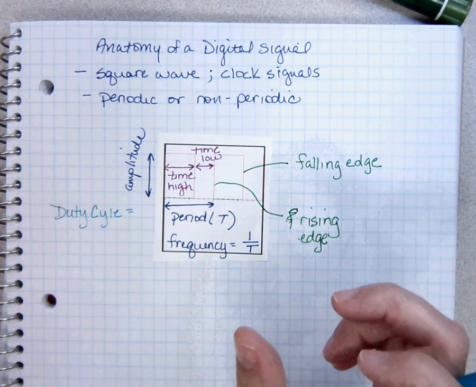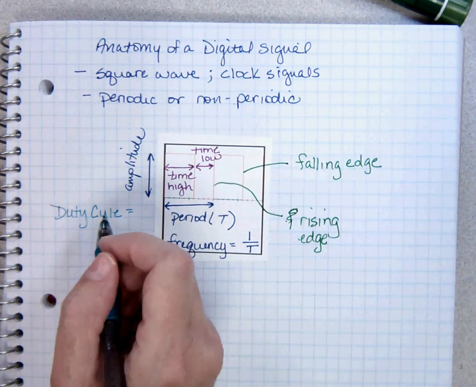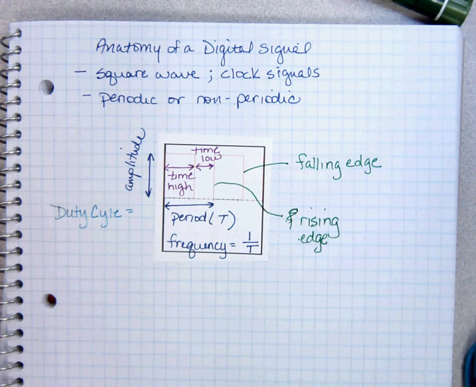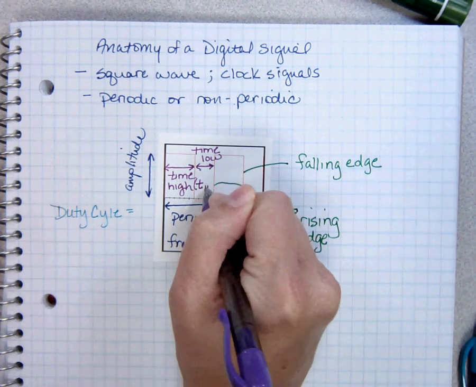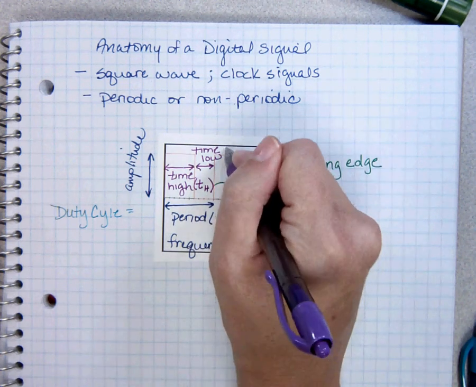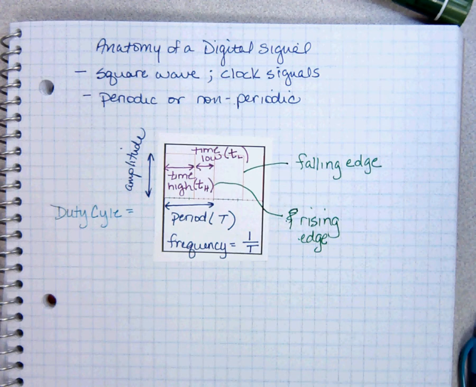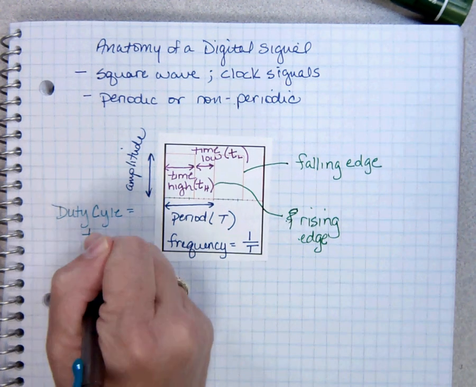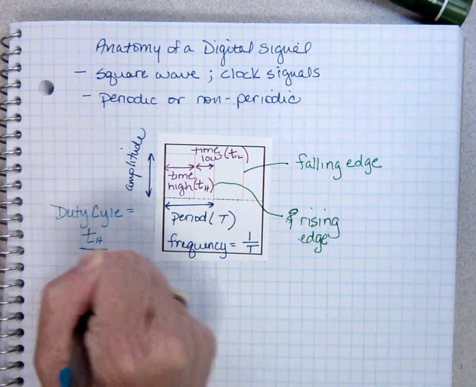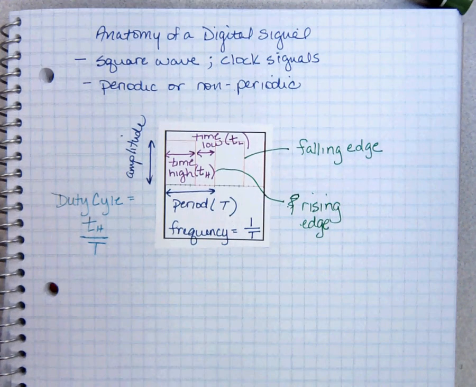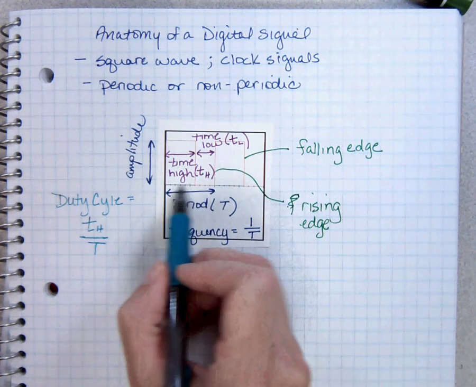So the percentage of time for each cycle that it stays high is what is called my duty cycle. This we typically write as time high. This would be time low. So your duty cycle is the time high divided by the period. So that gives you a fractional amount of one cycle for which this time is high.